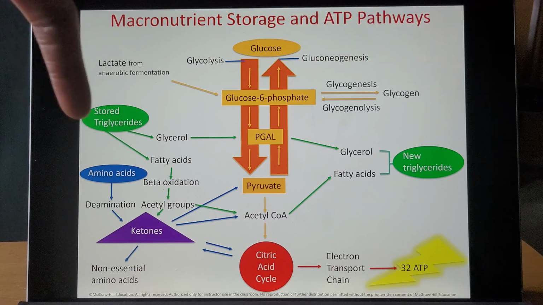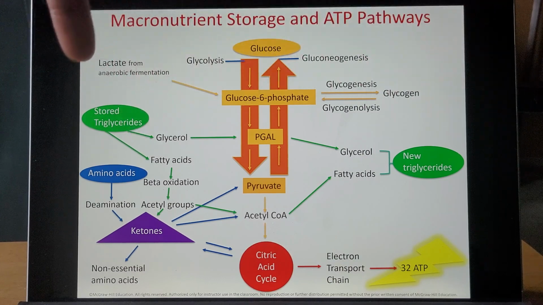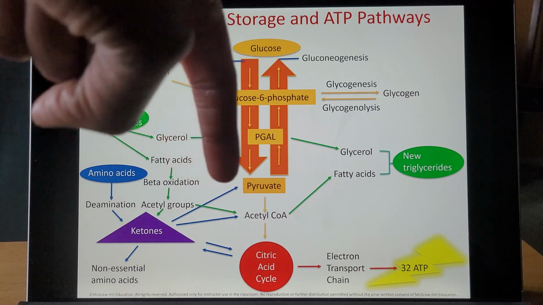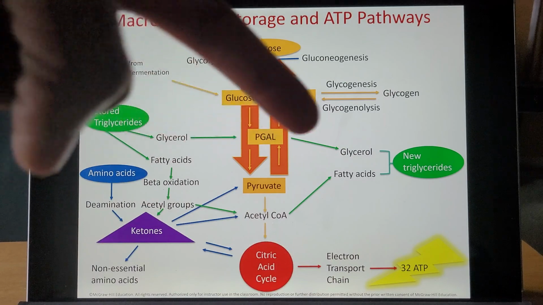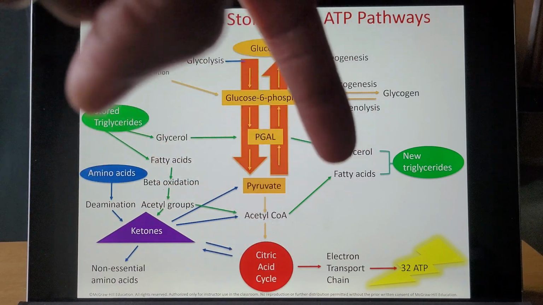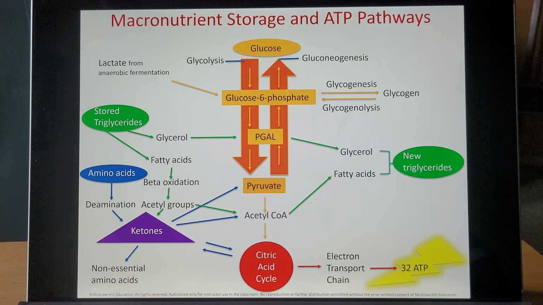We have our fats. They technically could have been on one side, but just for the prettiness of this, they're all the way across. So stored triglycerides, breaking them down, using them in our pathway to make ATP, or repackaging them and turning them into triglycerides again.